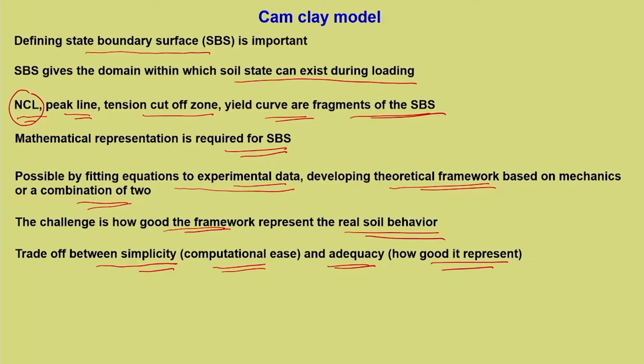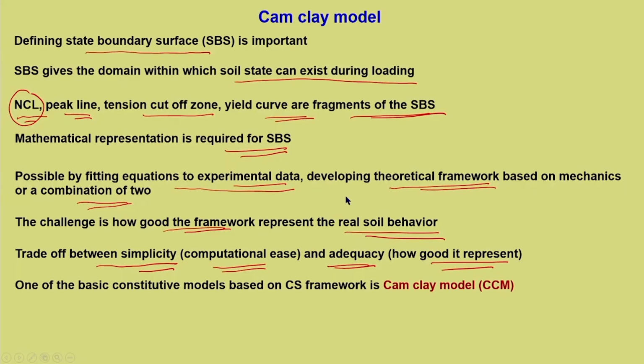If we want to model every bit of every aspect of the soil, that is going to be computationally highly intensive, and that may not be really advantageous from a design perspective, where there are equally large uncertainties otherwise also. So we need to strike a balance between how simple our model is vis-a-vis how well it represents. That is why simplicity and adequacy.